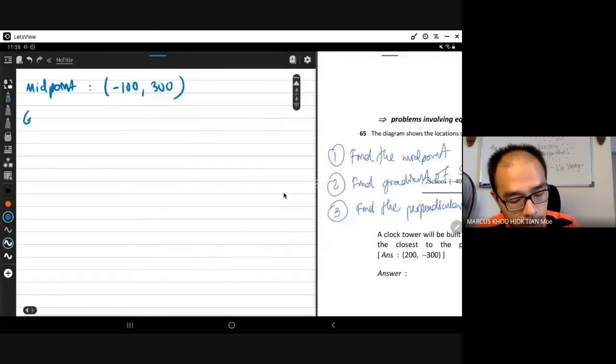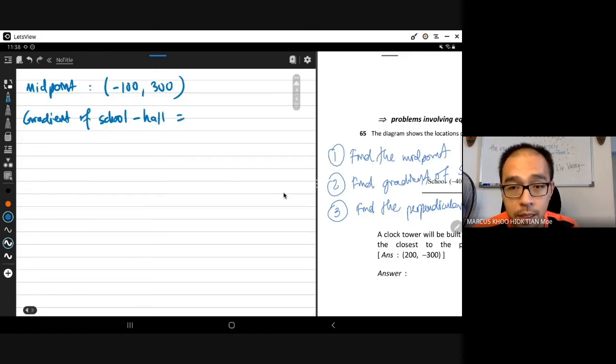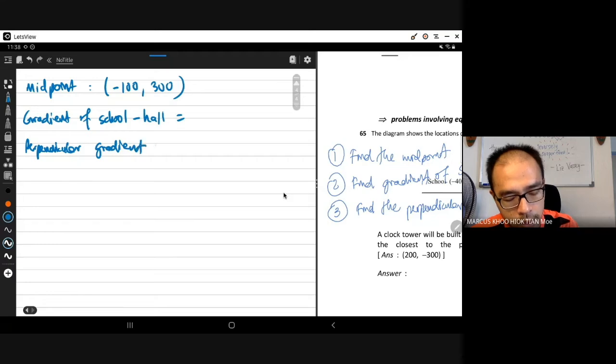So the gradient of school to hall is how much? And then the perpendicular gradient is how much? Can you let me know?